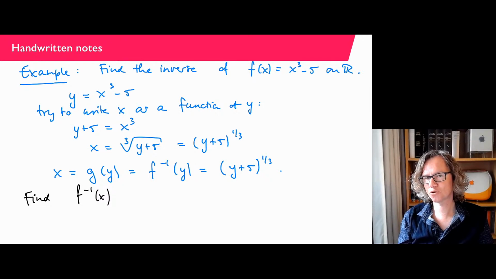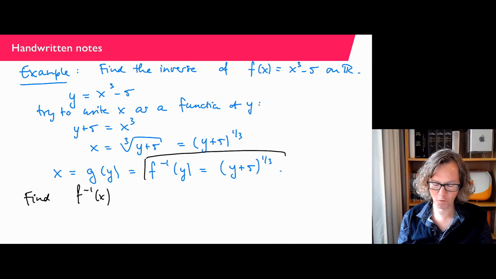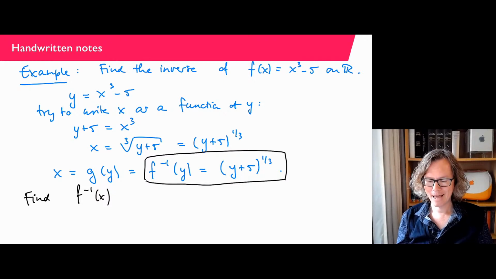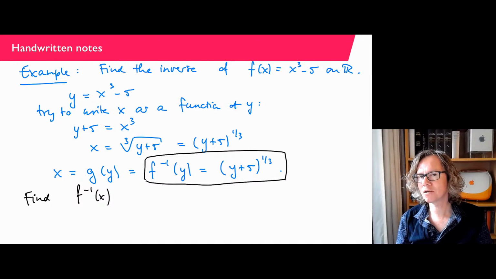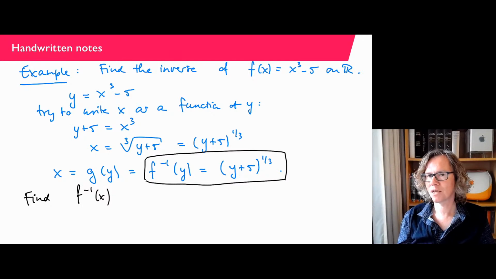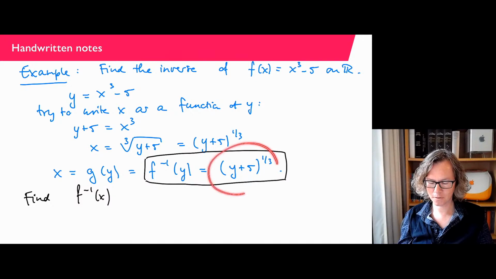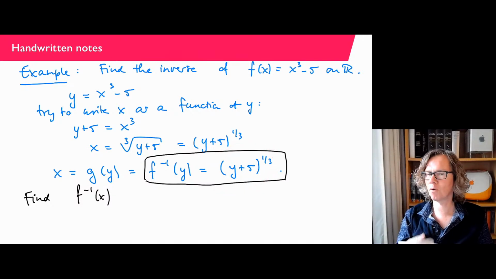That seems a bit strange because we have just found this formula in terms of y. But the y here, we sort of like to give it a meaning, but really it's just to define the function. You give me something, and then the formula to the right tells you what to do with that something. And that something you can denote with y, x, z, or whatever you like.